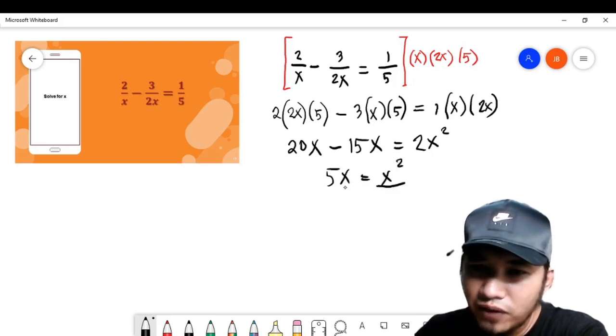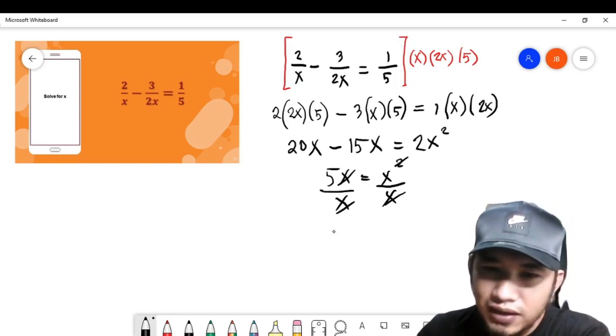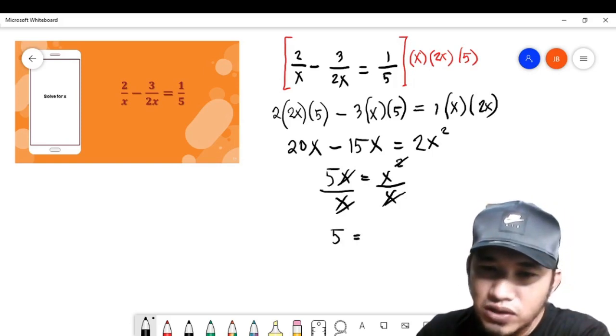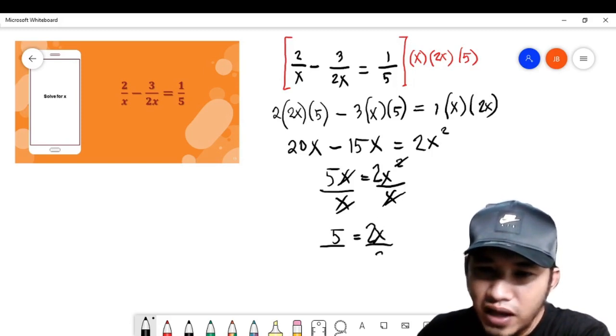Division property of equality, divide both side by x, cancel yung isang x lang sa numerator and then cancel yung denominator. Okay, natira dito sa left side of our equation is 5 and the other one is x. Ay, sorry, meron pa pang 2 dito. Okay, 2. Okay, divide both side by 2 again, cancel 2, cancel 2.